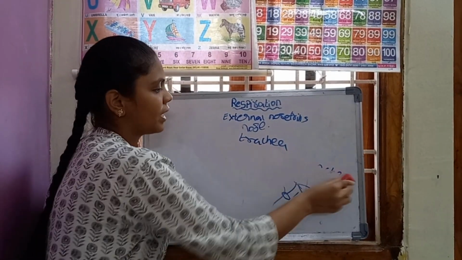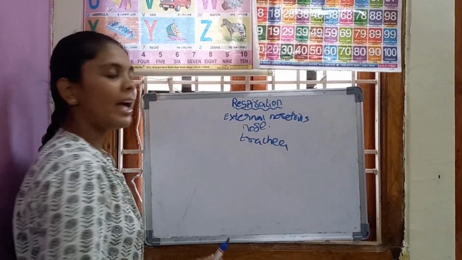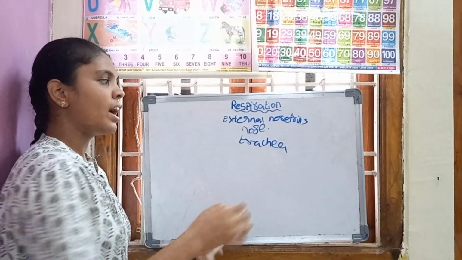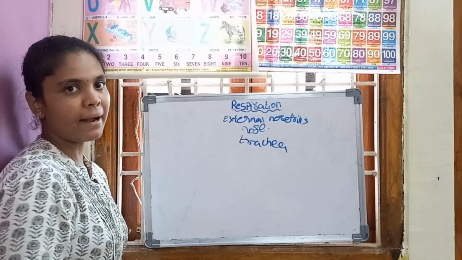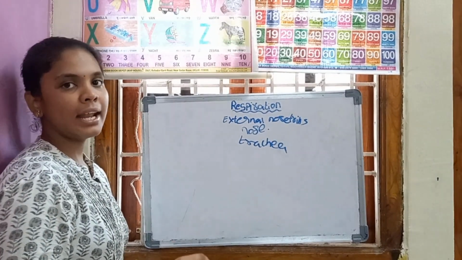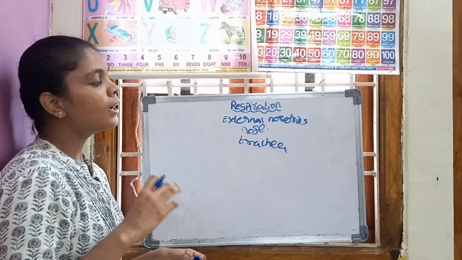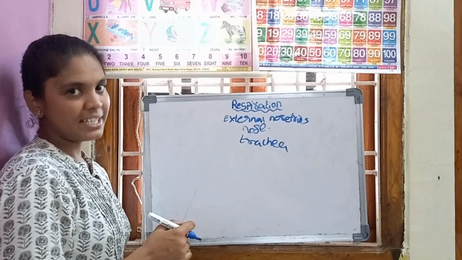Now, looking in detail at each and every organ's function: as I said, the external nostrils help in the movement of air in and out. In the nose we have hair, and this hair does not allow the dust particles in the air to enter into our body. It traps the dust particles.